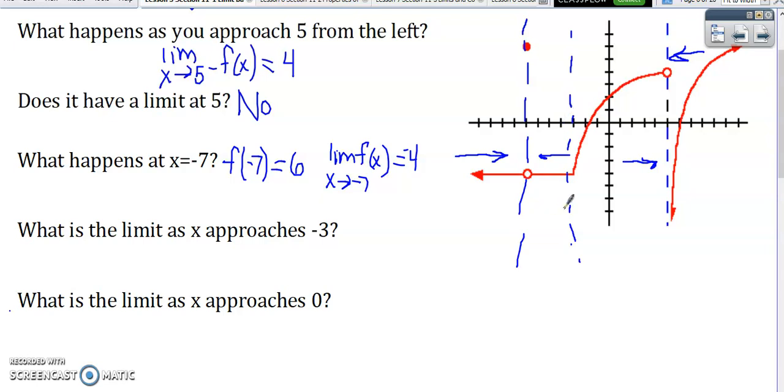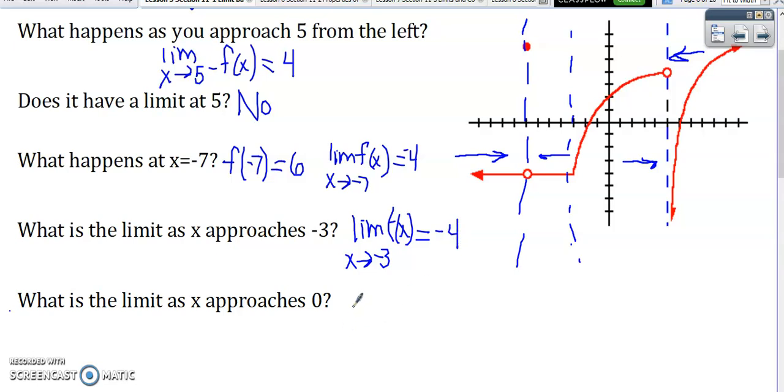As I go towards negative 3 from the left, I'm at negative 4. From the right, I travel towards an x value of negative 3, and I'm still going to negative 4. So the limit of the function as x approaches negative 3 is negative 4.